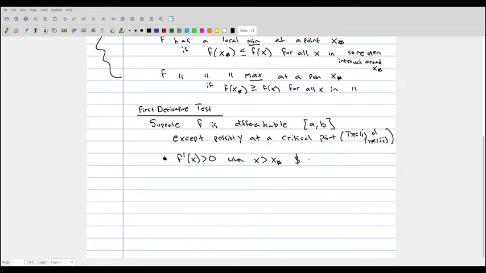And if it's negative when x is less than this point, then x star is a local minimum. It has to be a local minimum.